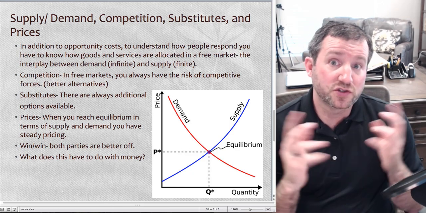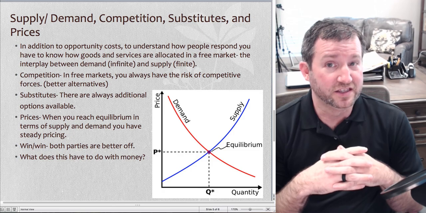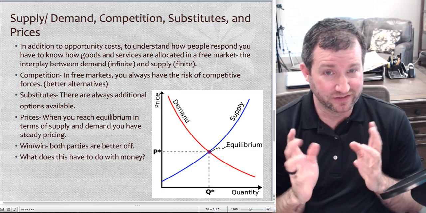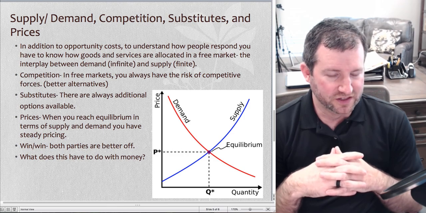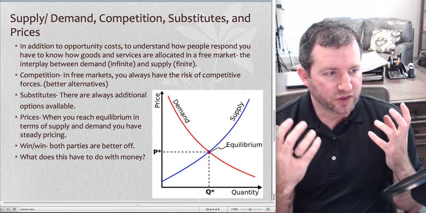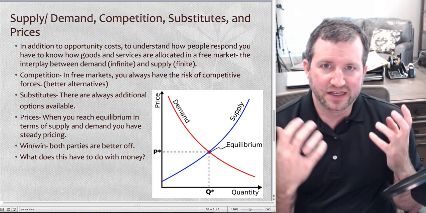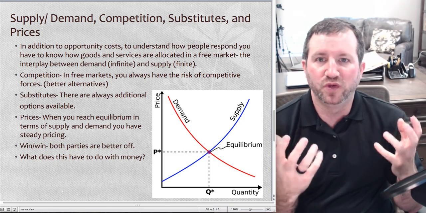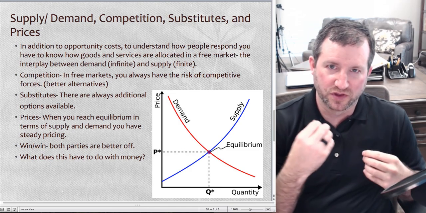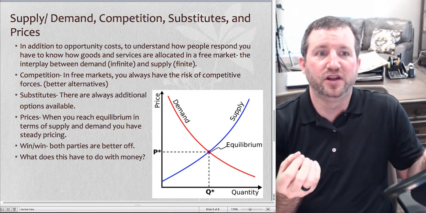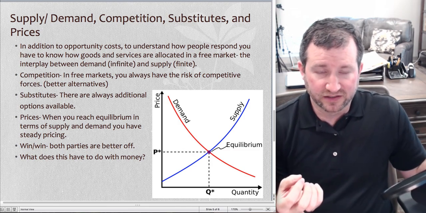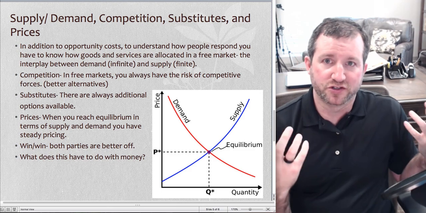It also works with money, okay? Because the money part of that is half of the equation. And we're going to talk more about that in just a minute. But basically, with the pricing mechanism that exists in free markets, you have win-win situations where a willing buyer willingly departs with their money for the good that the seller is selling, and both parties are better off.